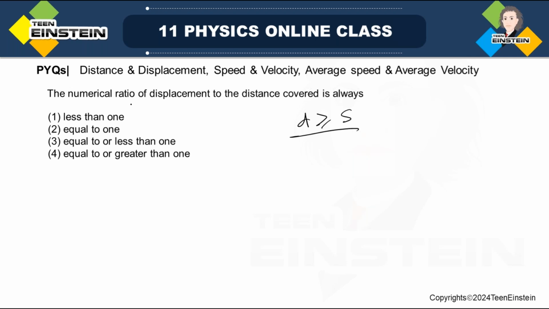So the ratio of the displacement to the distance, S by D, will always be less than or equal to 1. Okay, this is true actually. Option 3 will be the correct answer for this question.